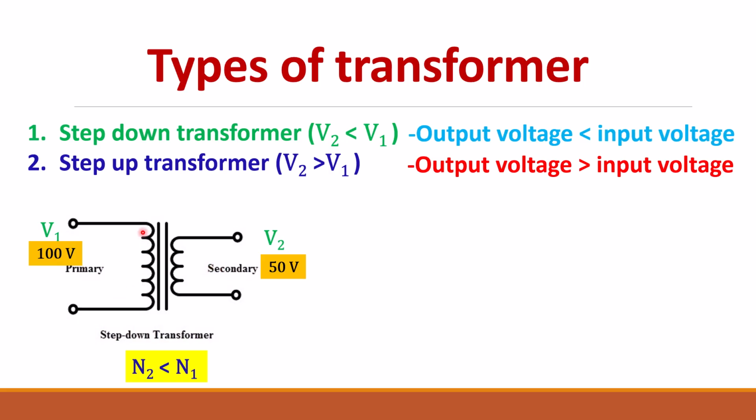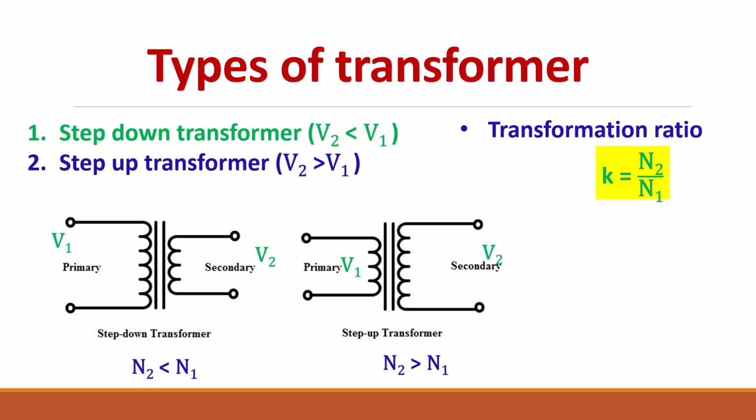If I have 100 turns here and 50 turns here, then the turns ratio will be the same as the voltage ratio. V2 is equal to N2 by N1 into V1. This is a step up transformer where N2 will be greater than N1. And the transformation ratio K is given by N2 by N1. This will decide the voltage ratio of the transformer.